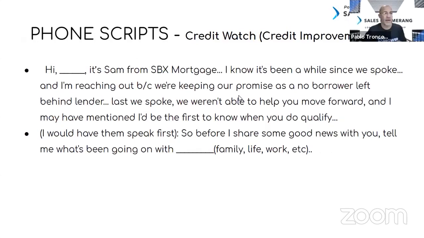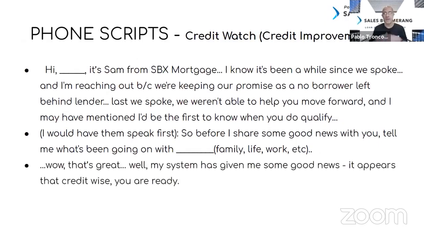And I know that I mentioned at the time that I'd be the first to know when you did qualify, so that we can help you and your family move into that bigger house that you wanted, because I know you had just had, at that time, a 3-month-old. By the way, how is little Charlie? Right. So that's going to really open up that conversation. And so tell me how things have been going.